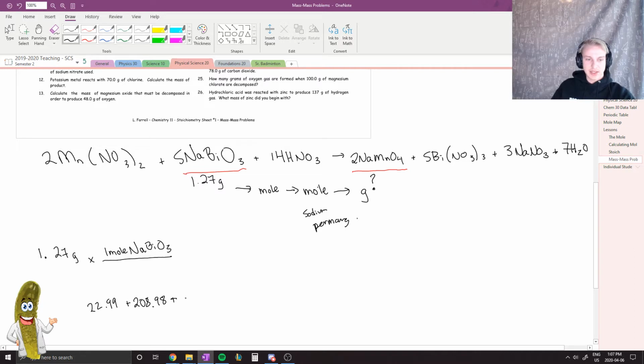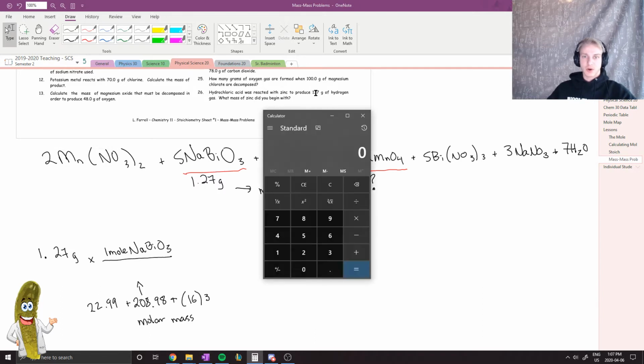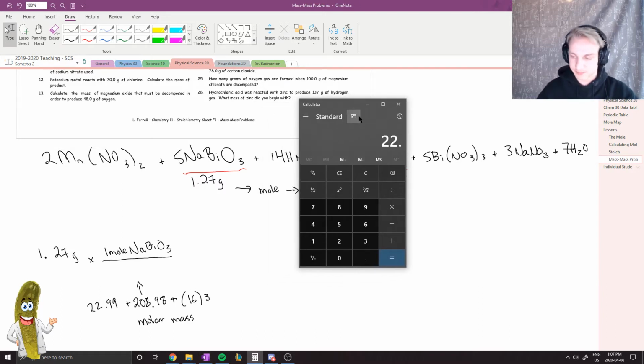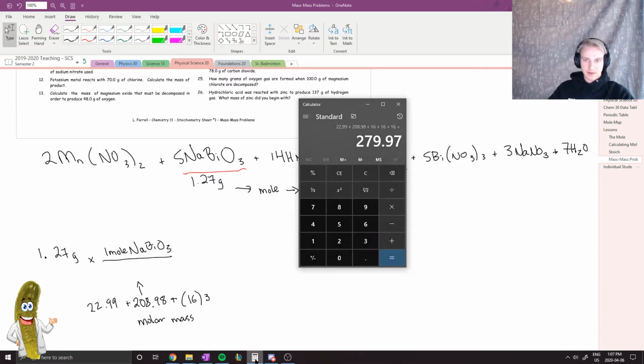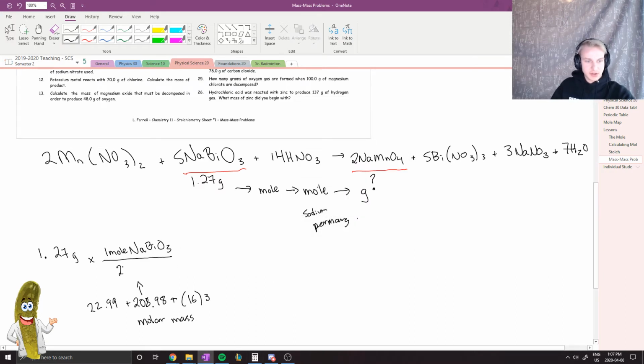Then I add in the mass of oxygen, which is 16, and I have 3 of those. These values give me the molar mass. Taking my calculator, I find the molar mass of this sodium bismuthate is 279.97.